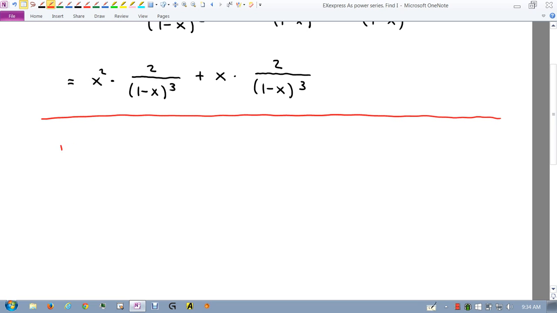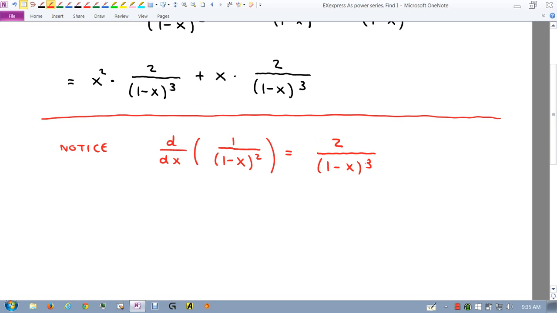So note that, or I'll say notice, that the derivative with respect to x of 1 over 1 minus x, yeah, I'll do it this way. Do you agree with that statement? Yes?